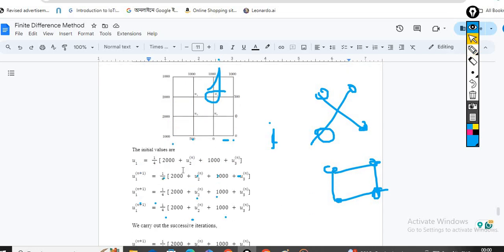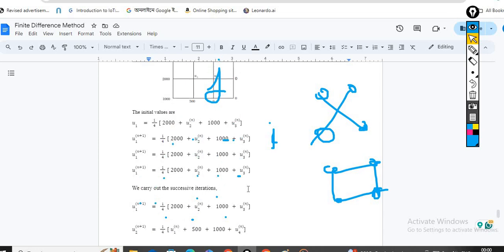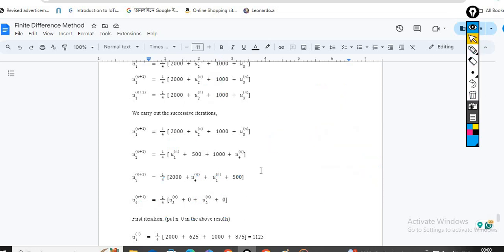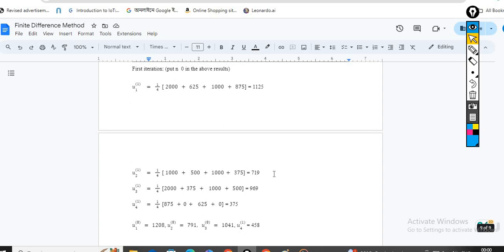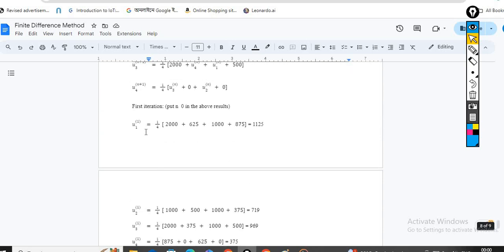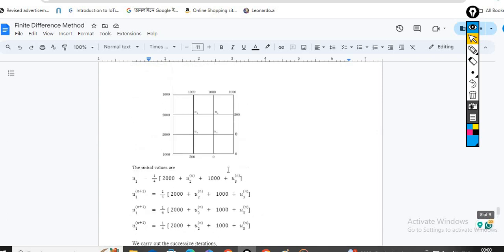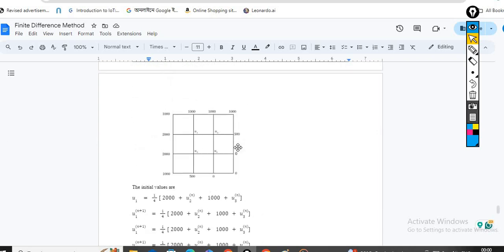Get the expression, put in the given values, and go for the successive iterations: I1, I2, I3. Each time, whether we consider the diagonal or the standard method, finally you will get the solution for u1, u2, u3 and u4.